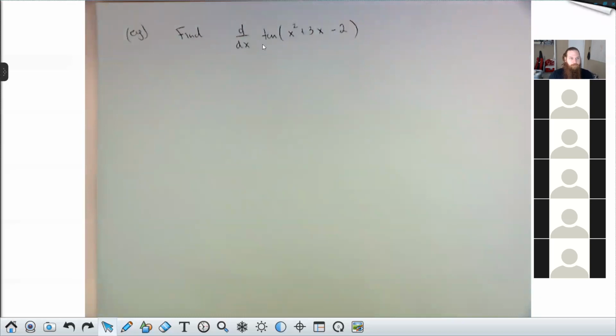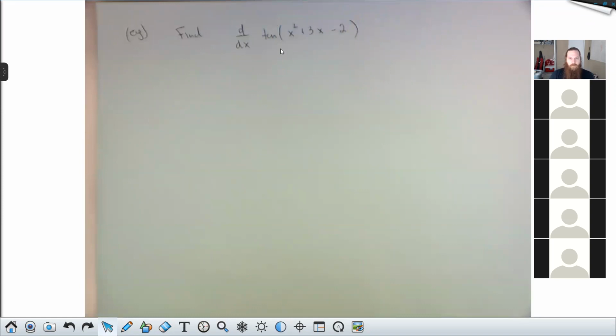All right. So we want to take the derivative of the tangent of this quadratic. And I aim to do this without breaking things down really explicitly. So tangent is my outer function, and x squared plus 3x minus 2 is my inner function.